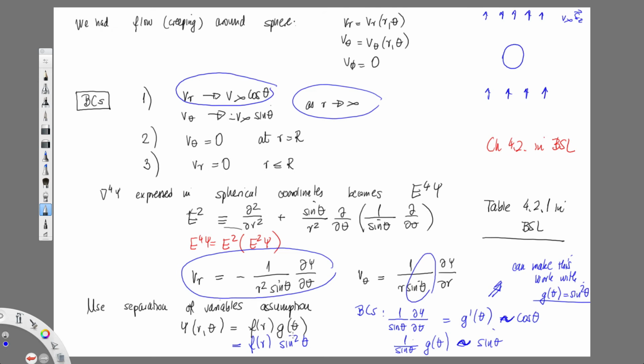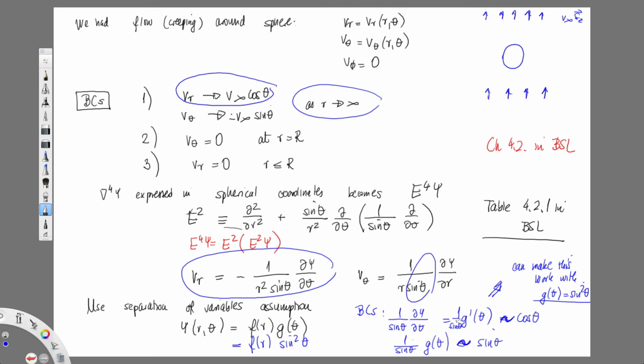If I have psi in this form, then for VR I just plug psi into this. That's by definition. Pardon me, nobody said anything, there's a 1 over sine theta here missing. So that's my function of psi in that portion.